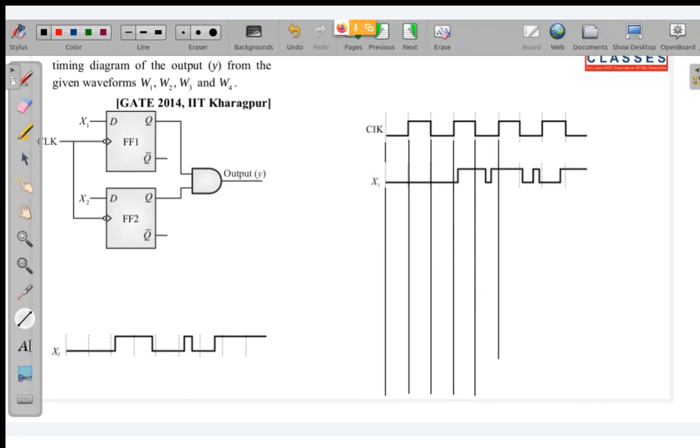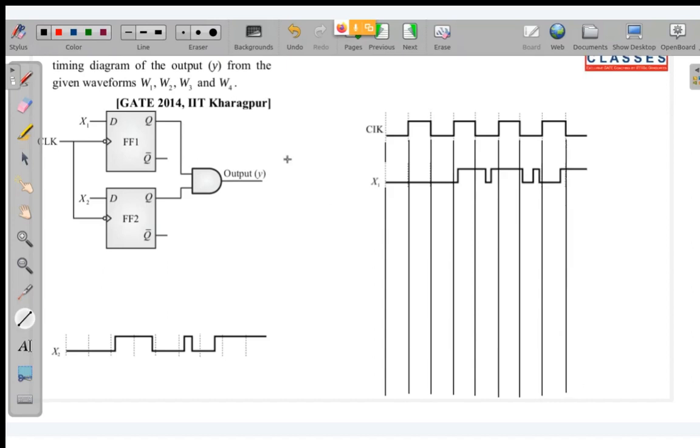So these are negative edge triggered, and you can see that only at the negative edges you have to find the transition. This question is from when we had first started the concept of flip flop. The only thing is, how many of you are able to recreate this diagram?